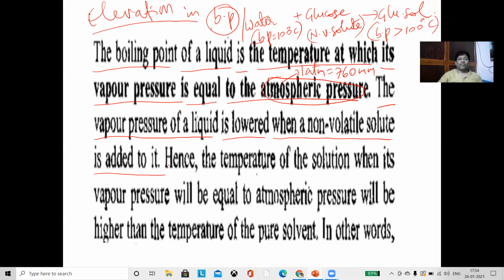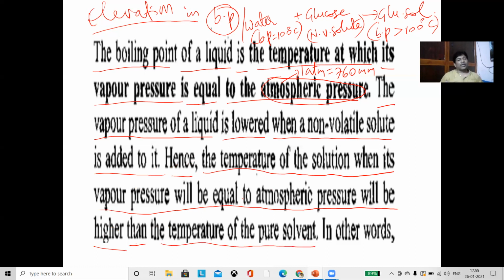That's why the boiling point of the solution formed will be more than the boiling point of pure water. So what happened here? The vapor pressure of the liquid is lowered, meaning decreased, when a non-volatile solute is added to it. Hence, the temperature of the solution at which its vapor pressure equals atmospheric pressure will be higher than the temperature of the pure solvent.